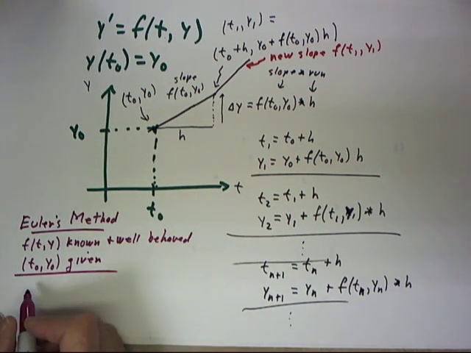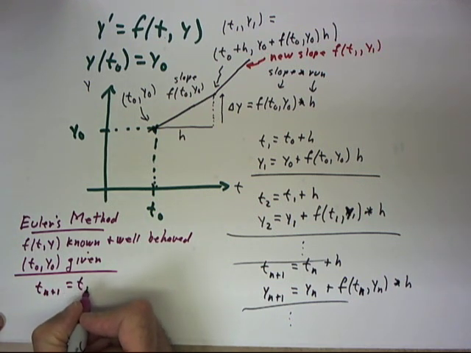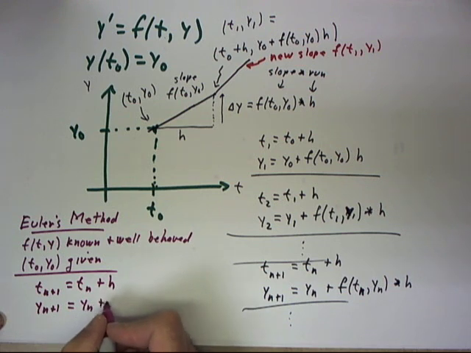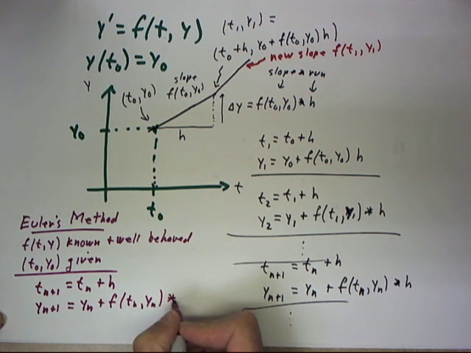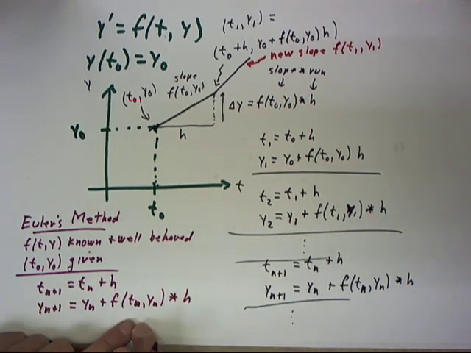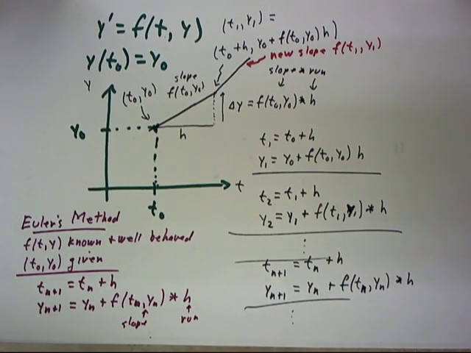Then the method just says that t sub n plus 1 equals t sub n plus h, y sub n plus 1 equals y sub n plus f of t sub n, y sub n times h. And remember that f of t sub n, y sub n is just the slope. h is your run between points.